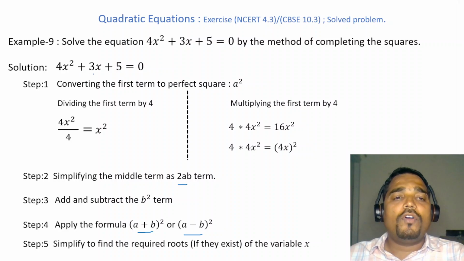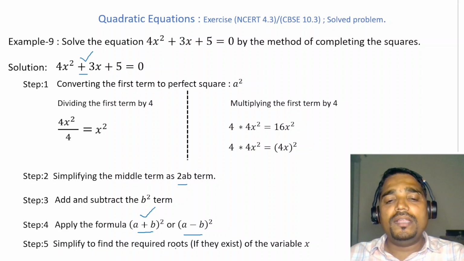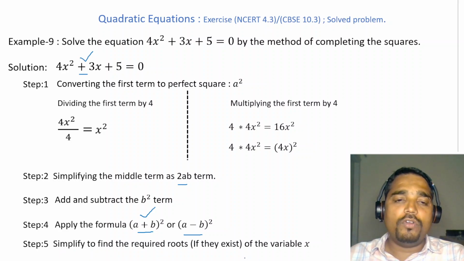Here, for the middle term, because there is a plus sign, the a plus b whole square formula will be used, not a minus b whole square. After applying the formula, step number 5 is to simplify to find the roots of the equation. Roots can be found if real roots exist, else they cannot be found. Now we will see whether the roots exist or not.